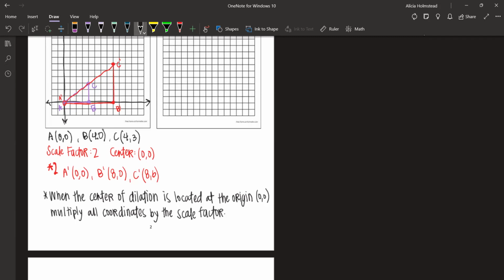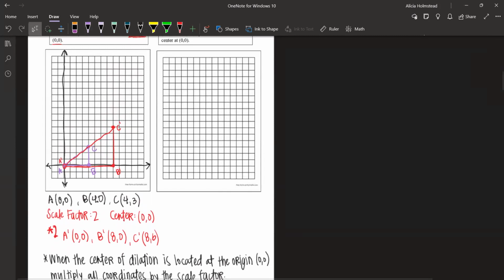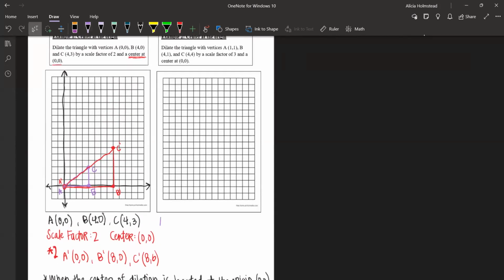Okay, so let's go ahead and look at another example. This is example 2. It says we're going to dilate the triangle where the vertices are at those 3 locations by a scale factor of 3 and a center at 0, 0. So our original points: A at 1, 1, B at 4, 1, and C at 4, 4.